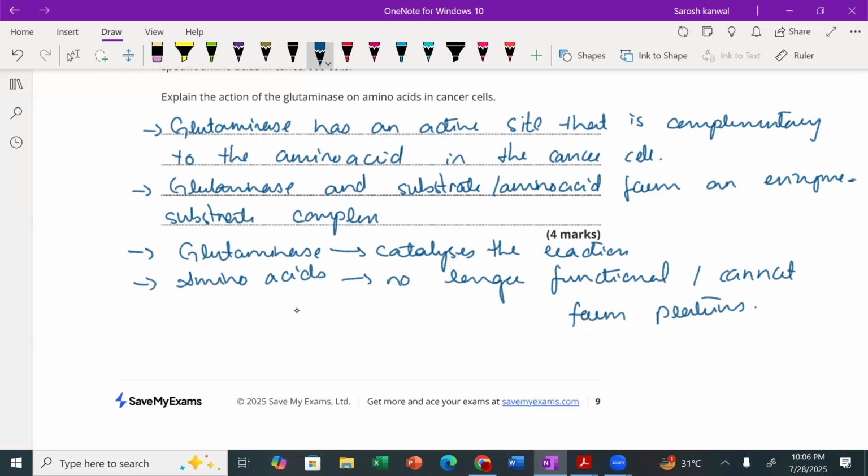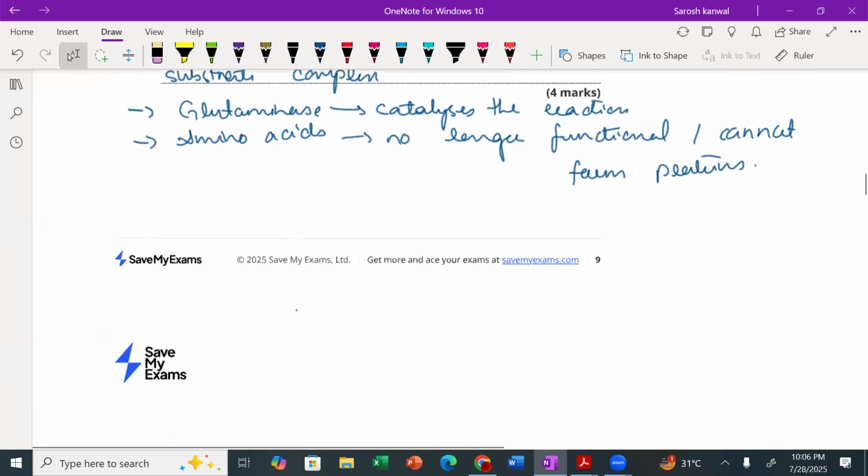And the cancer cells cannot continue to grow, right?